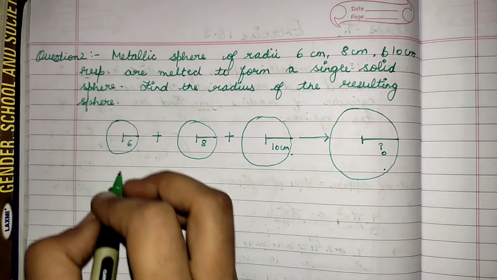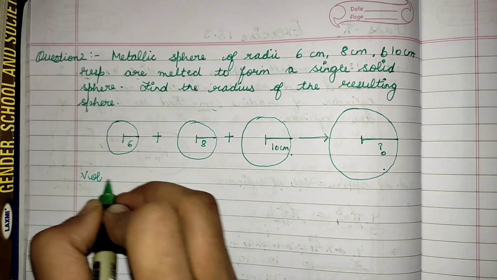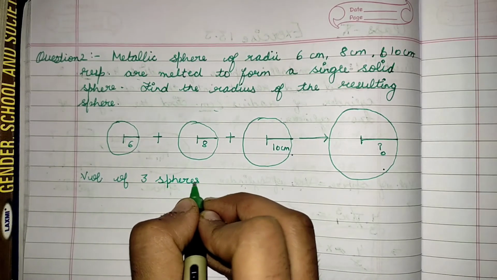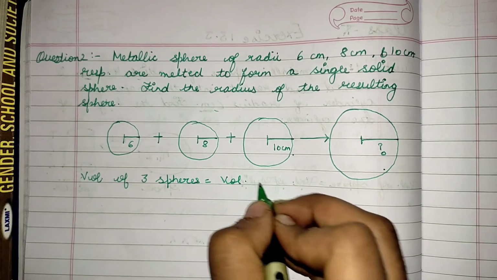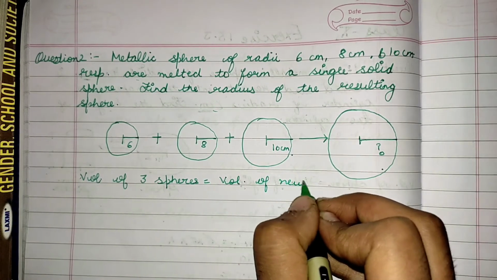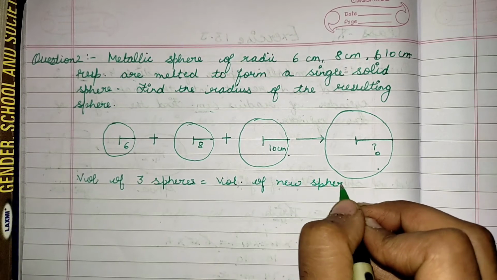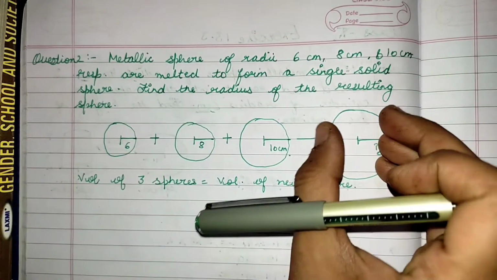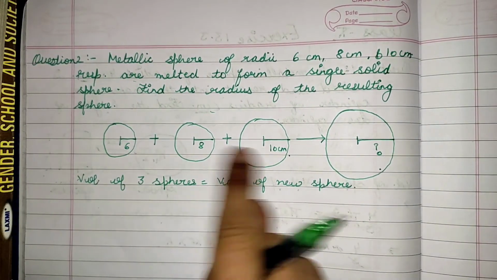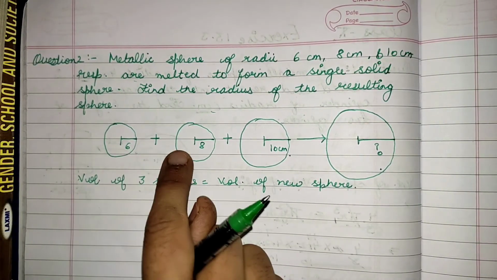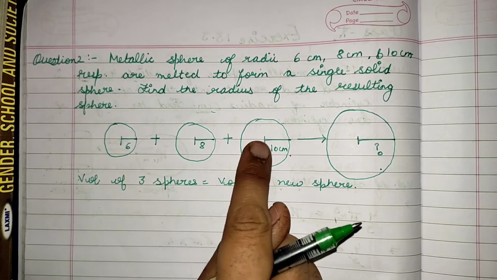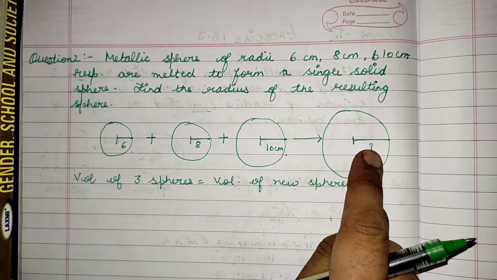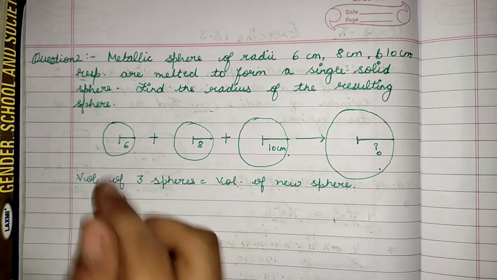Again the process will be the same: the volume of all three spheres will be equal to the volume of the new sphere. This time three figures are combined to form a new figure, so we will add the volumes of all three solids and then find the volume of the new sphere.